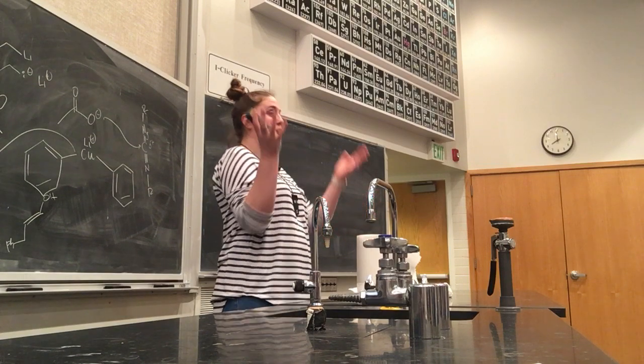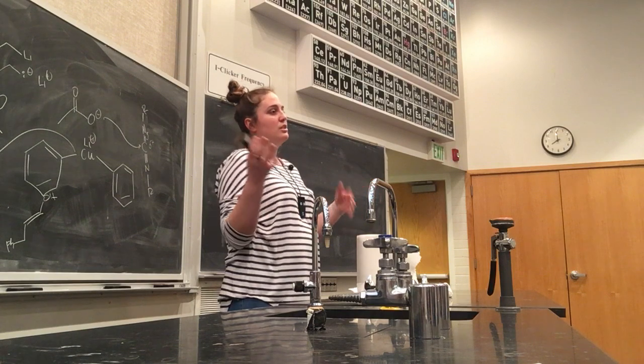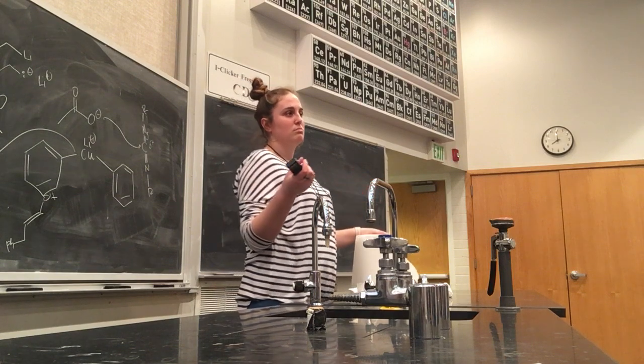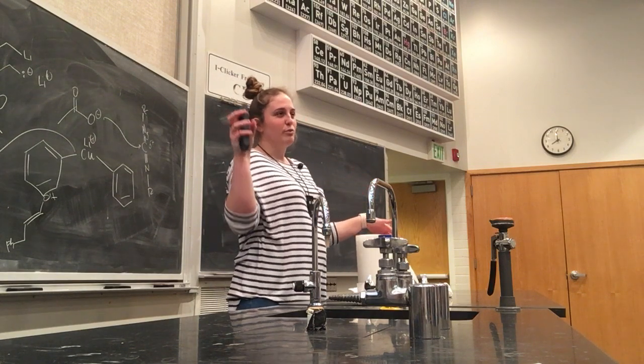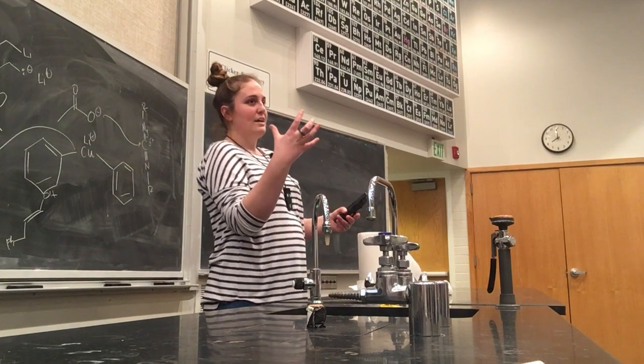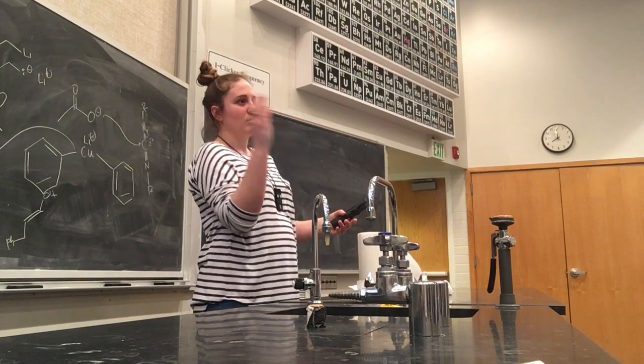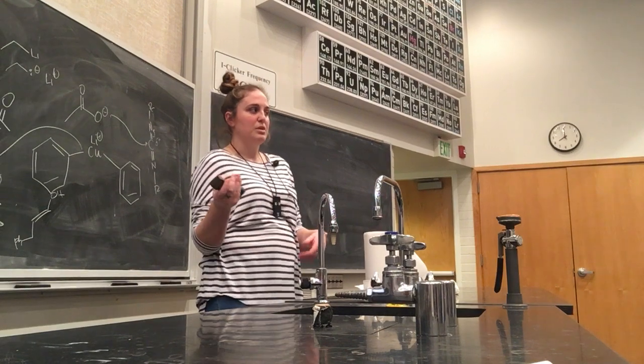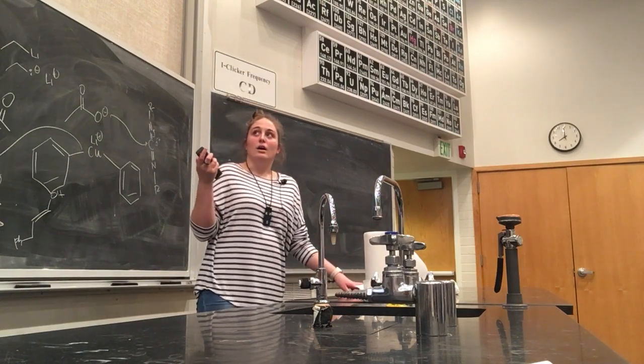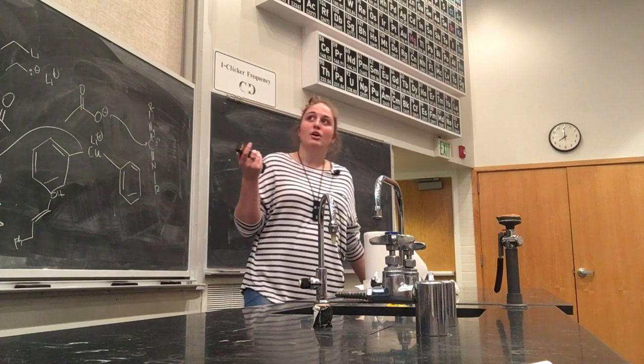So it's just a lot of deprotonation and protonation and leaving of water. So as long as you're comfortable with using acid to deprotonate and reprotonate things, this shouldn't be too difficult. If it is, let me know.